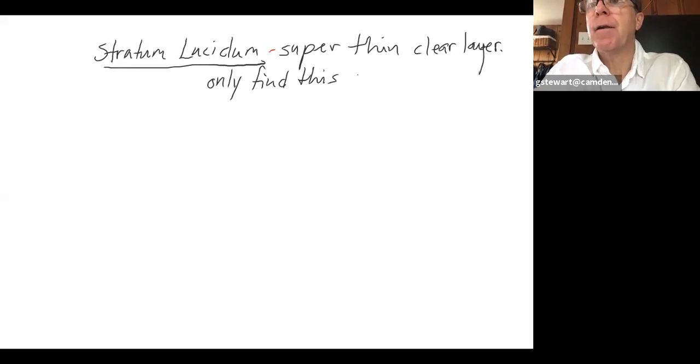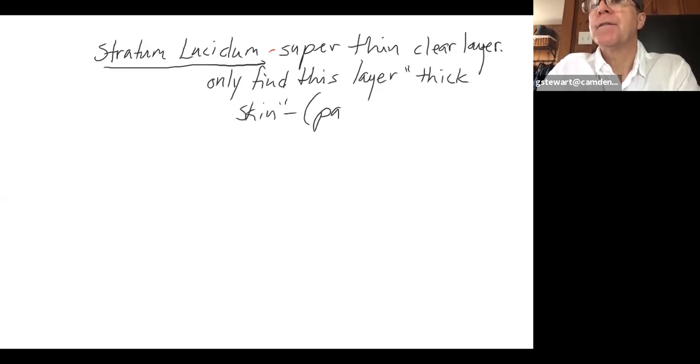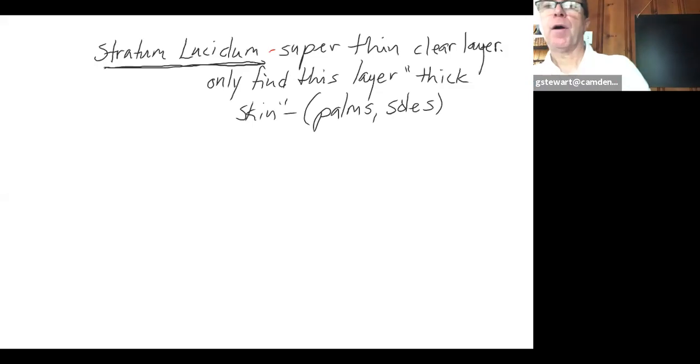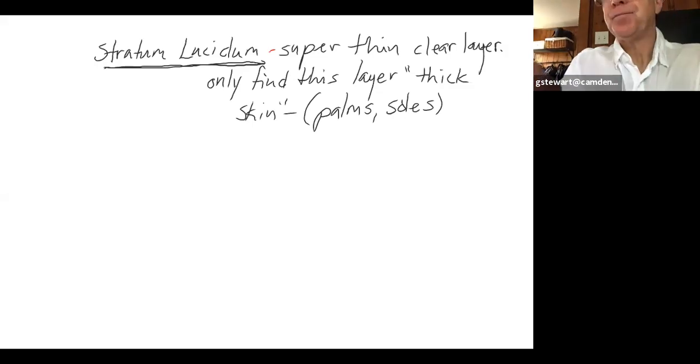We only find this layer in what is called thick skin, and that is found on the palms of the hands and the soles of the feet. So this stratum lucidum is a thin layer that we only find on the palms of the hands and the soles of the feet.